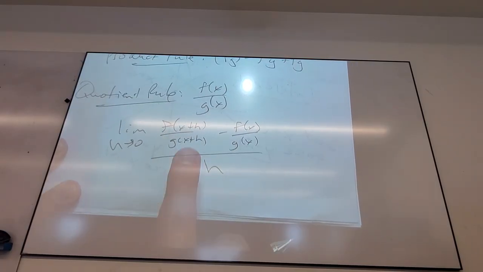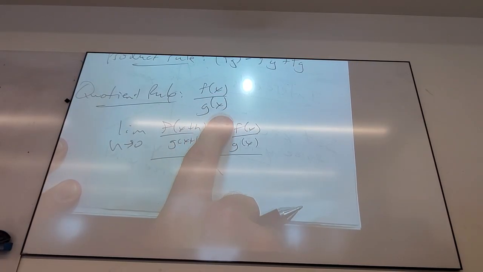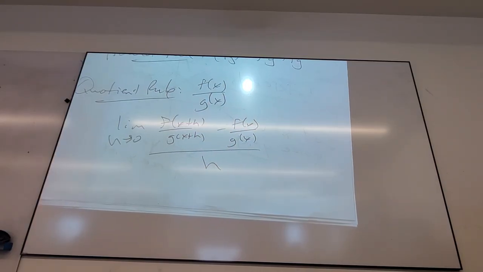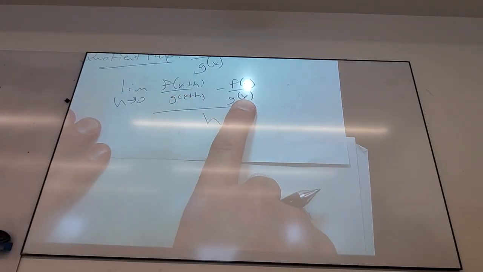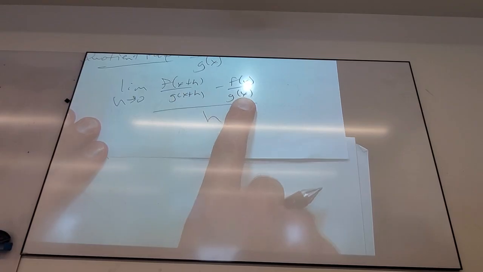You see how? Plug an x plus h into the thing I'm looking at, plug an x into the thing I'm looking at, take the difference divided by h, yes? Do you see how I can get a common denominator? Let me put this up here again. How do we get a common denominator? Gotta multiply on the other side.